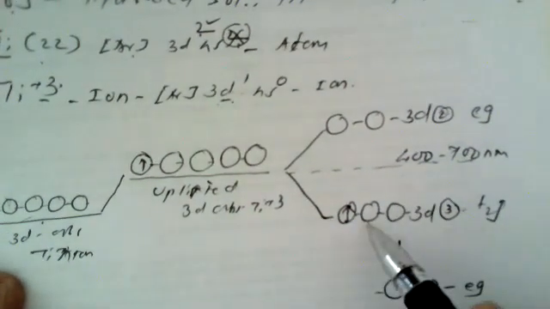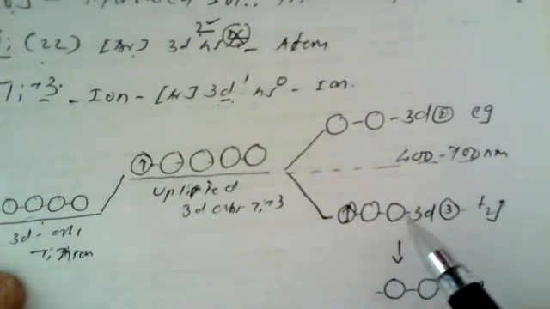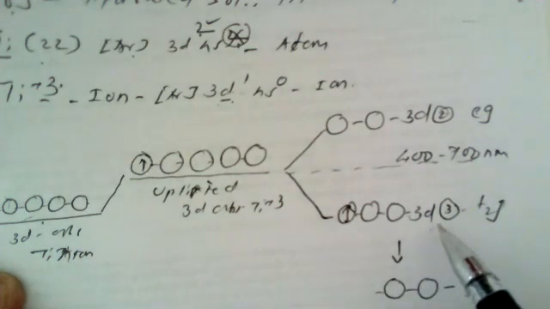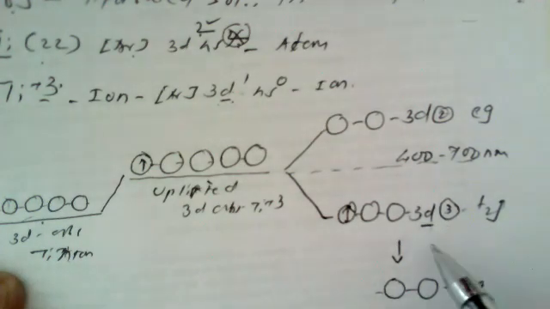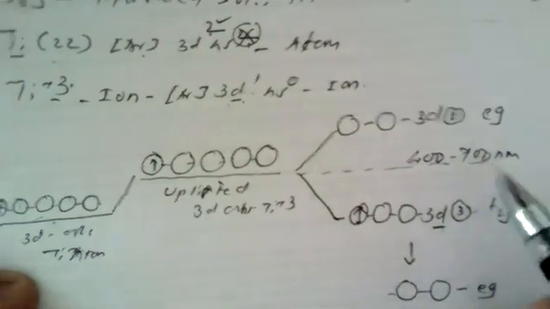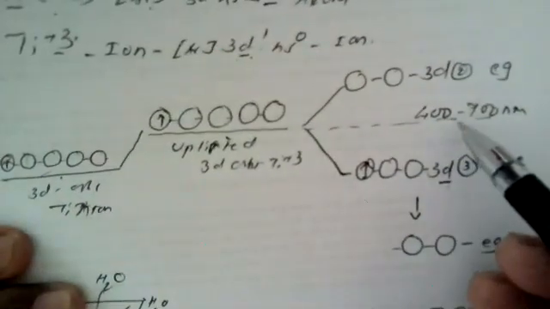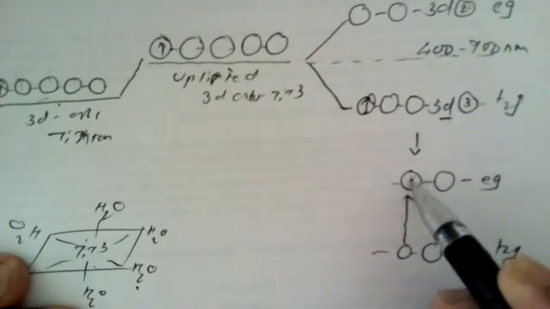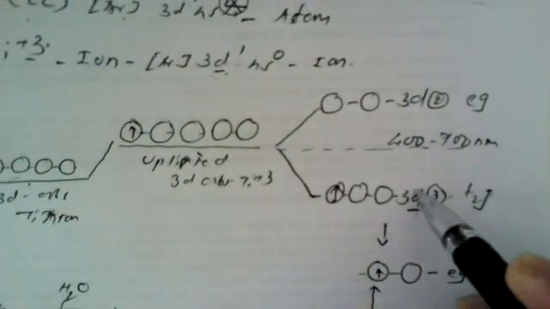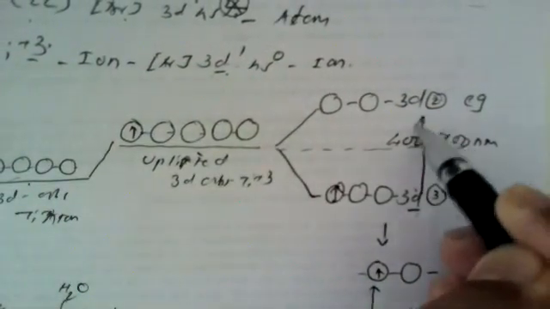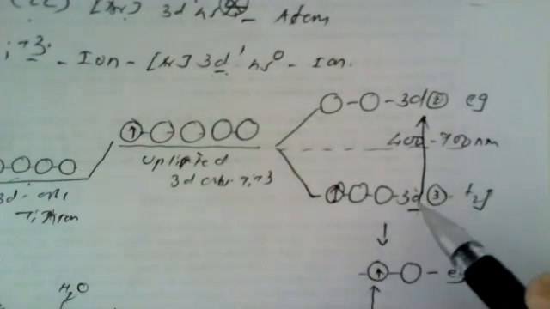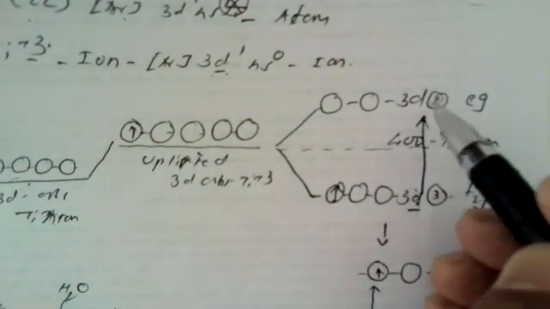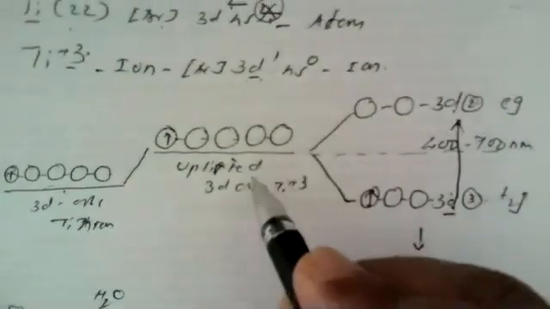So the electron present in the low energy t2g group of orbitals, which is basically a 3d orbital, jumps by taking the energy. This electron is promoted from low energy to high energy, but within the same 3d subshell.